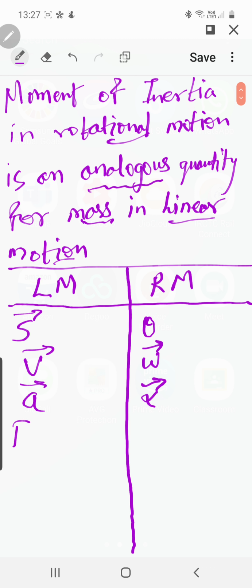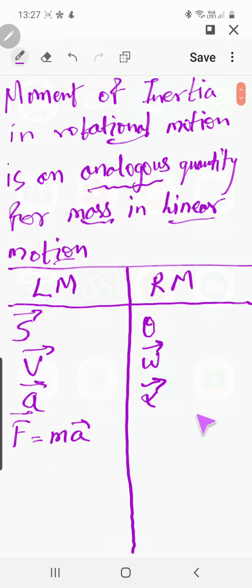The formula for force is force equal to mass into acceleration. Here force is tau, that is a twisting force. Tau is equal to I alpha: in place of m I write I, and in place of acceleration I write alpha. So you can see how the formula is converted.